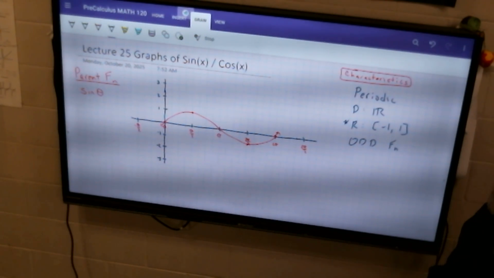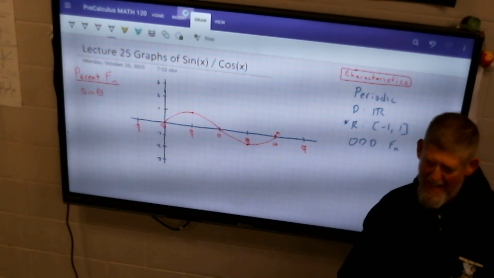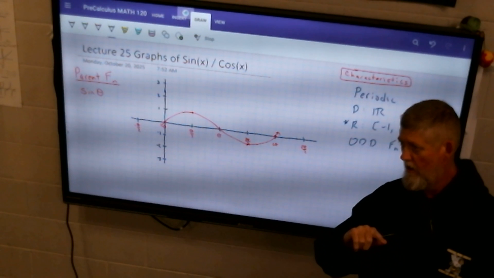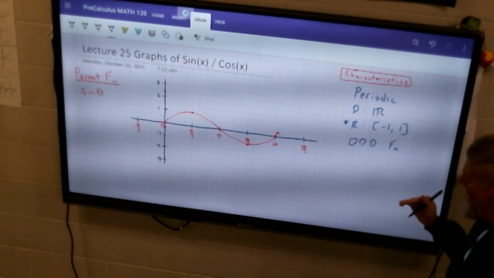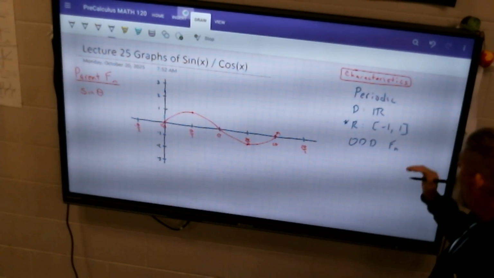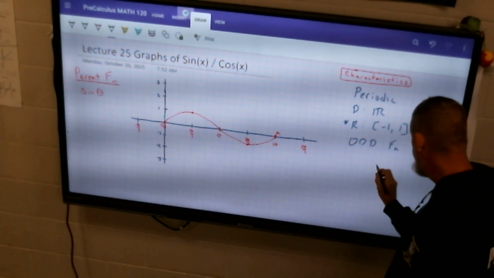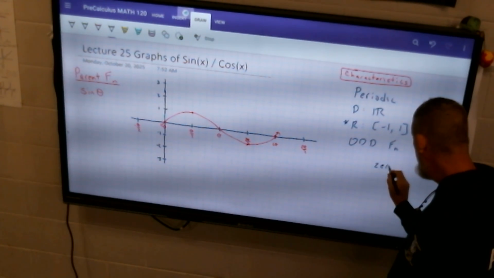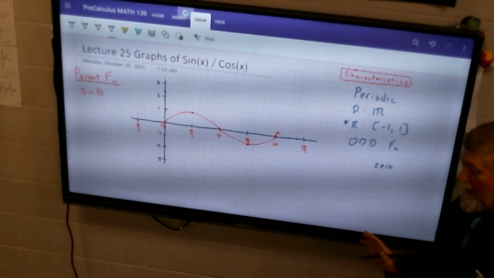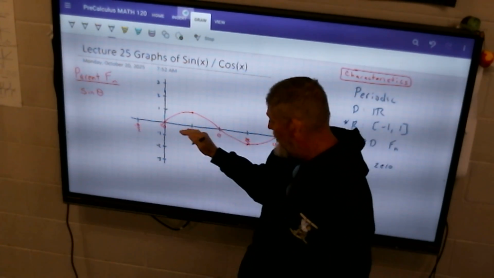Okay, and probably the most important thing to help us with the next function on Thursday is we need to know this order. Where does the parent function start? Well, it always starts at 0. In this case, it starts at the origin. I'm thinking more of the y value.